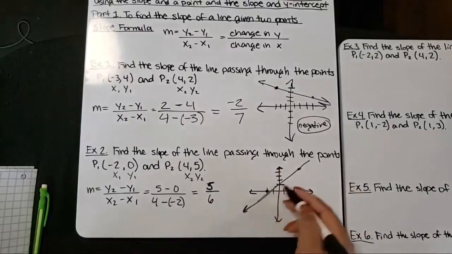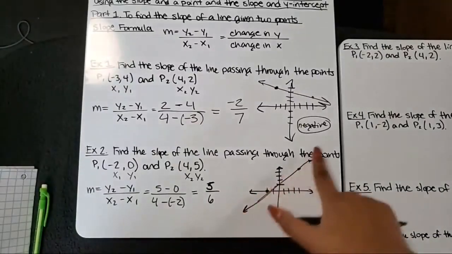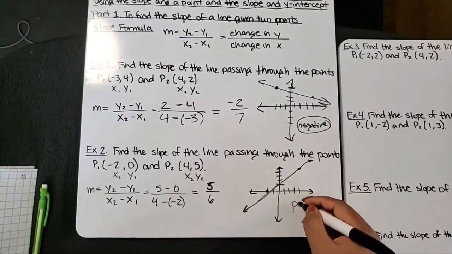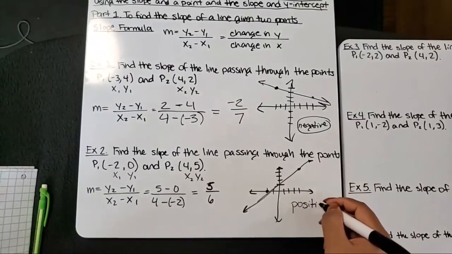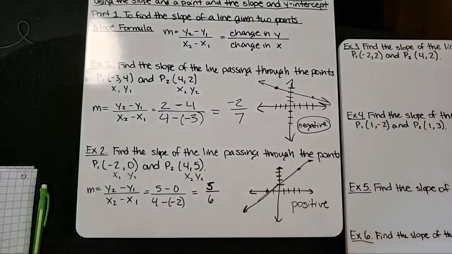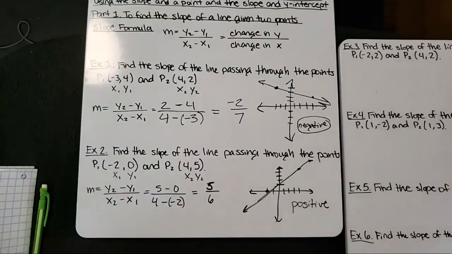When we connect them from left to right, the line is going up. So this is a positive slope.